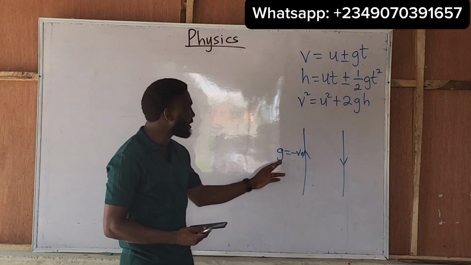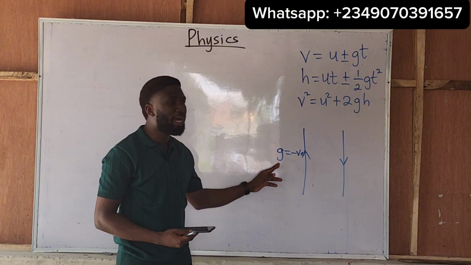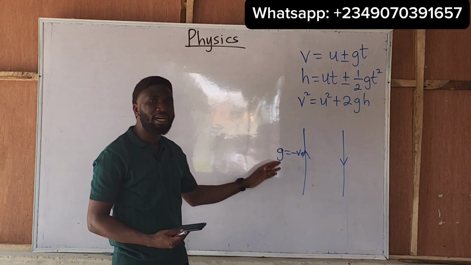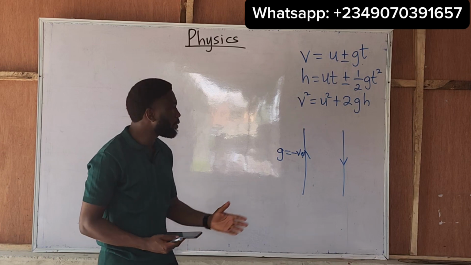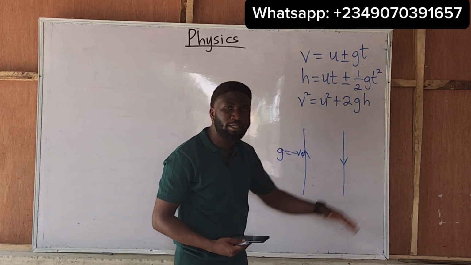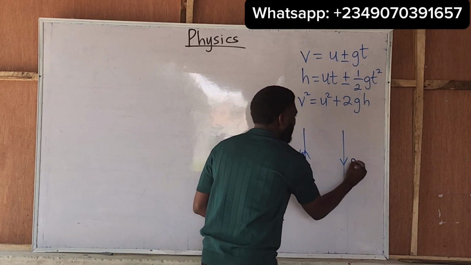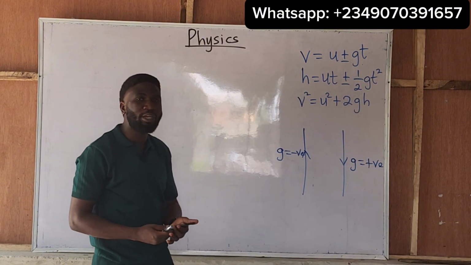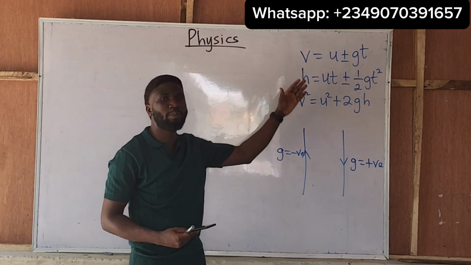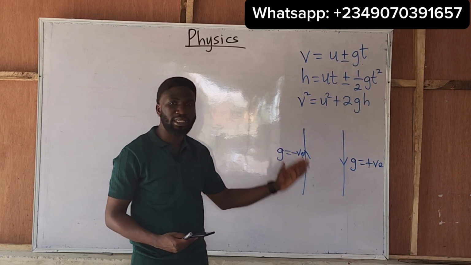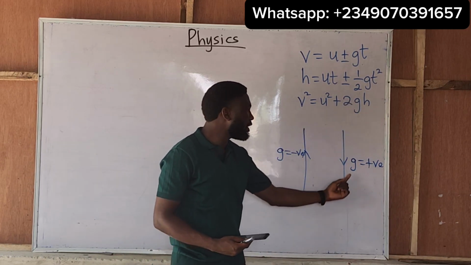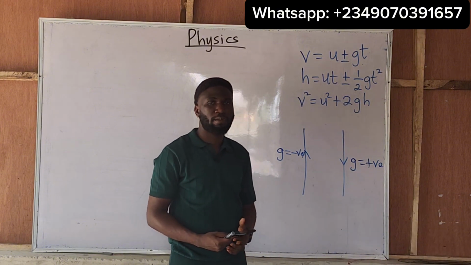G, like I said, represents acceleration due to gravity, so that shows that the object's motion is against the acceleration due to gravity. But when the object is coming down, the value for G is expected to be positive. When an object is thrown vertically upwards, G is negative. When the object is coming down, G is positive.